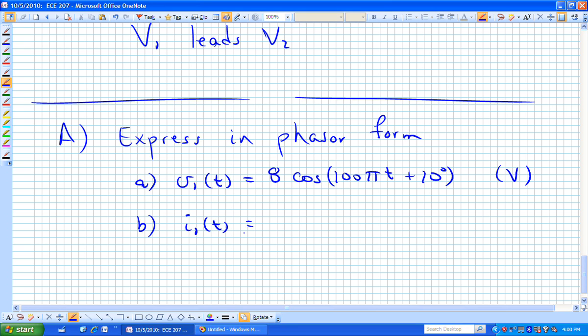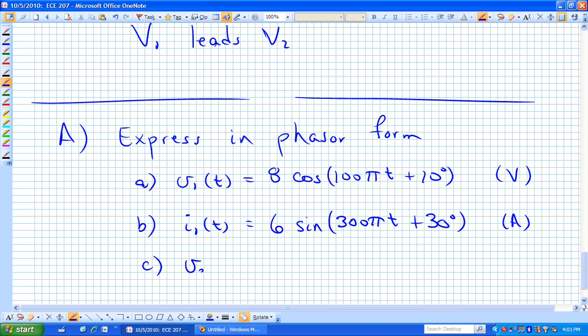That's why we don't use I for current here, so you don't think it's the square root of minus 1. That's now a current. I sub 1 of t is 6 sine of 300 pi t plus 30 degrees, and that's a current.